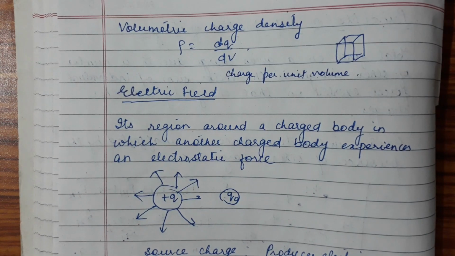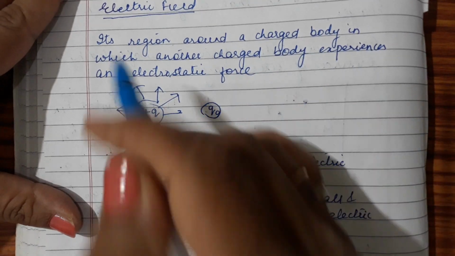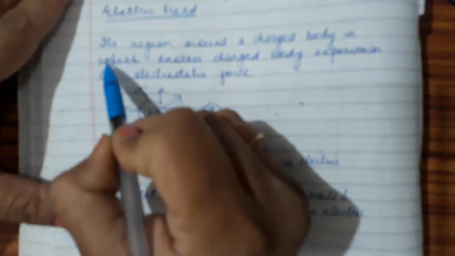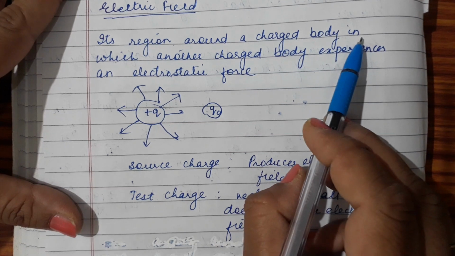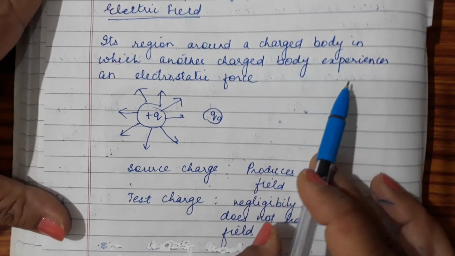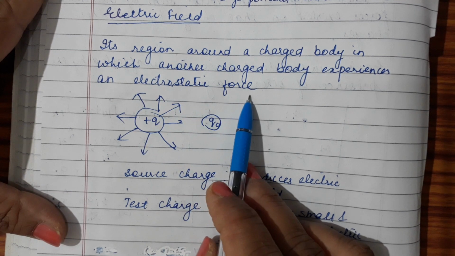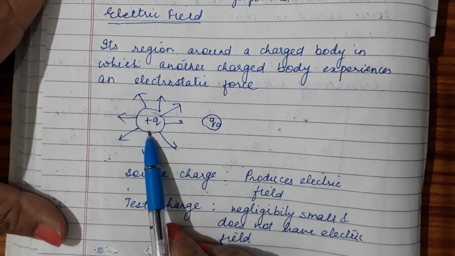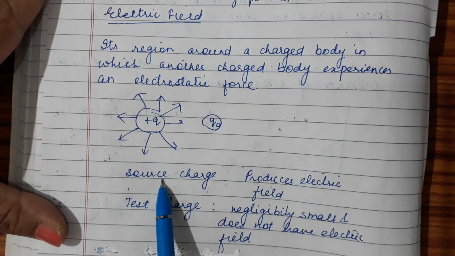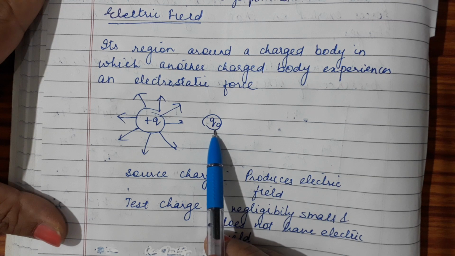Next is electric field. So electric field is the region around a charged body in which another charged body experiences an electrostatic force. Suppose there is one plus q charge, this is a source charge, and there is another charge q0, this is a test charge.